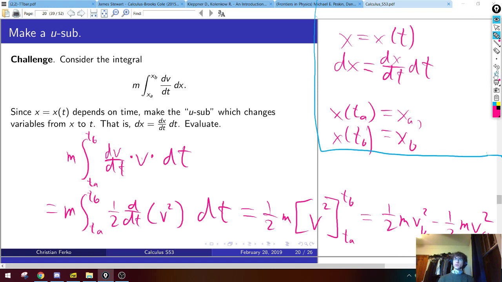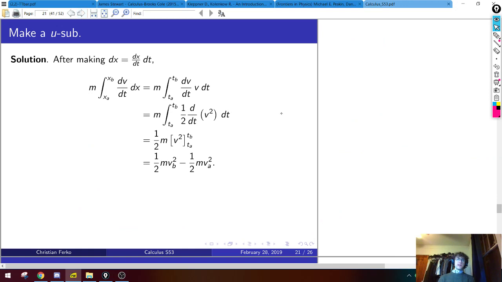Okay. Let's just see it again in LaTeX. So good. When you make this fairly obvious substitution with dx, the dx turns into dx/dt dt. So dx/dt is simply v. So we have a v dt here. As you pointed out, if I take the time derivative of v squared, I get 2v dv/dt. So if I divide by 2, that just gives me back v dv/dt, which is the original integrand.